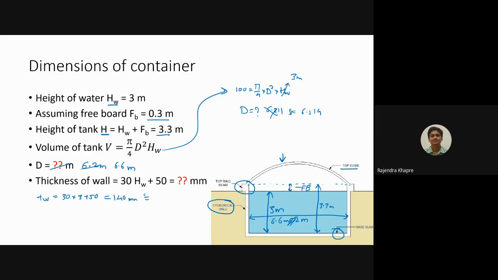We cannot provide 140, we can provide a 150 millimeter thick wall. I hope this is okay. So tentatively we have decided that the diameter of the tank is 6.6 meters and the thickness of the wall is, let us say, 150 mm.